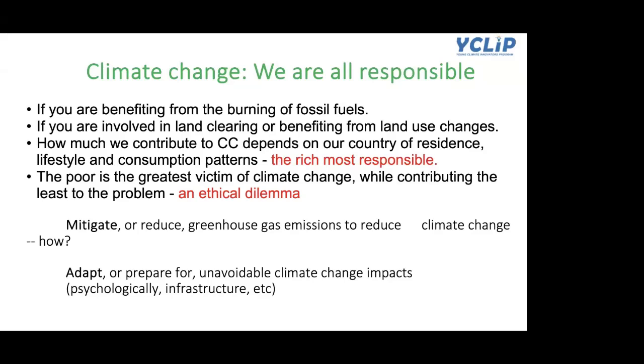So our options are to mitigate, to reduce these greenhouse gases in the atmosphere, reduce adding more, and also to adapt, because currently the impact of climate change is happening, and we have to adapt to what is going on. So we have to prepare different ways of adaptation.